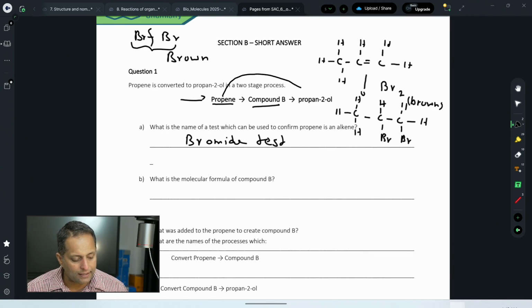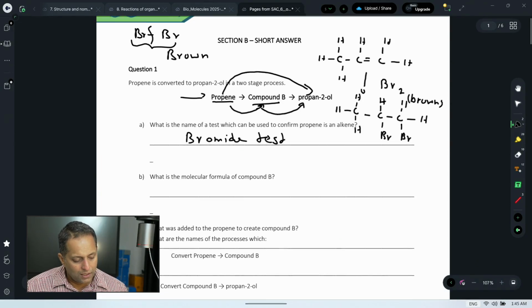Propene can directly convert into propan-2-ol if you want. But this is a three-step process. Even though we could do this reaction in one step, for this question we are choosing to go through more steps. This is based on the question. Is that correct? All right.